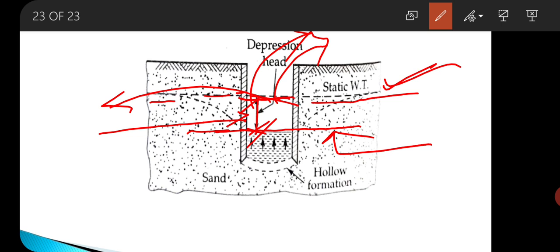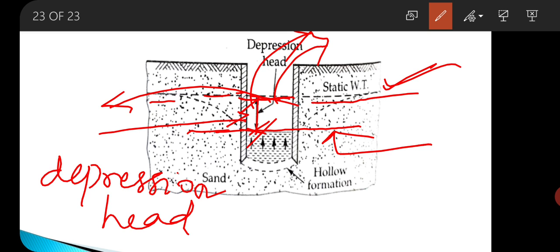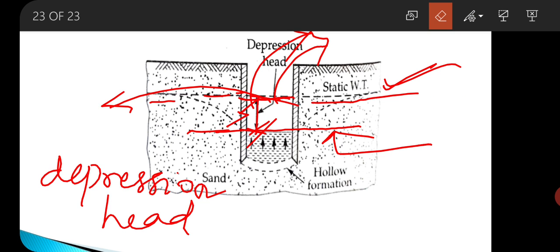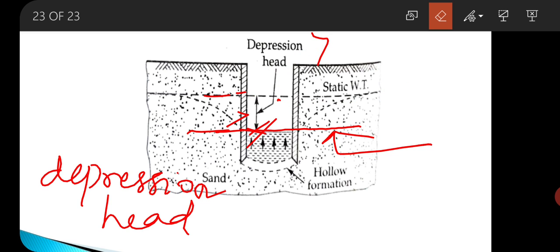So this difference is known as your depression head. Under the influence of this head difference, water enters the well from outside. So what happens? I will show you. Okay.